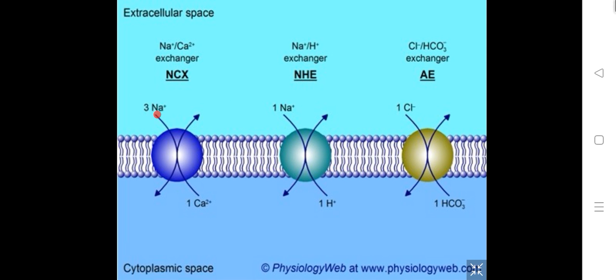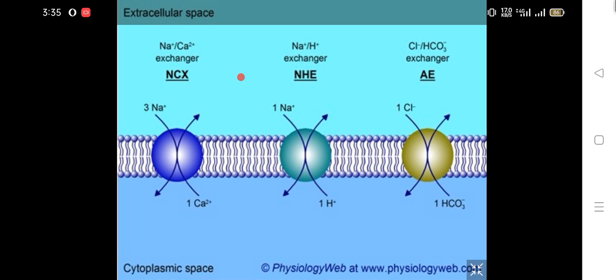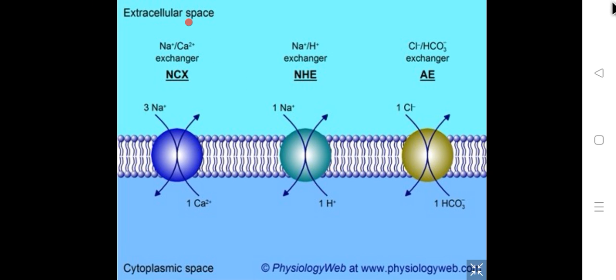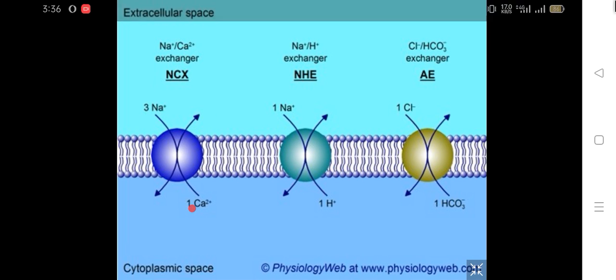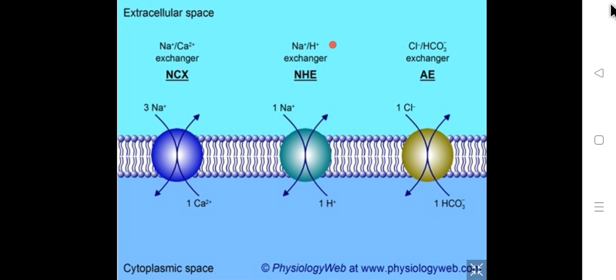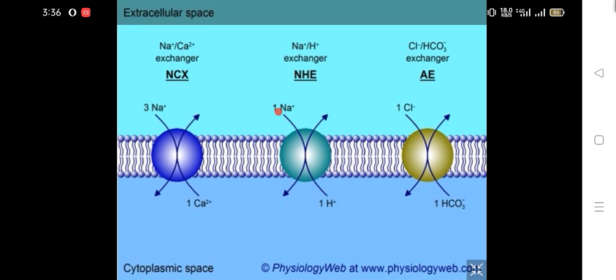So let us look at 3 examples of these exchanges again. The sodium calcium exchanger, NCX, 3 sodiums exchanged for 1 calcium. The coupling stoichiometry is a 3:1 ratio. The sodium proton or hydrogen exchanger, 1 sodium moving in for every proton that goes out.